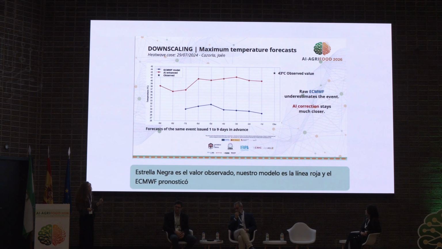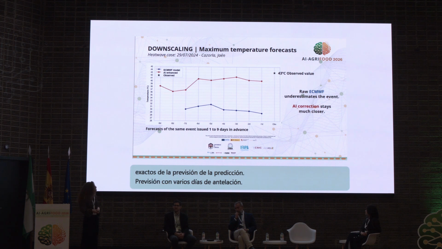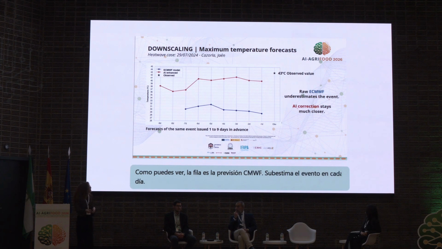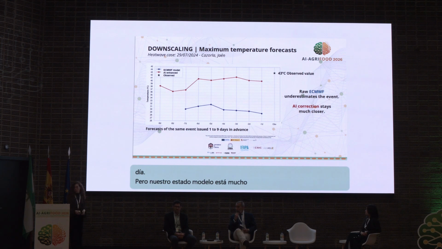And all the dots represent the exact values of the forecast for several days in advance. As you can see, the raw ECMWF forecast underestimates the event on every single day. But our model stays much closer to the observed value that we have.